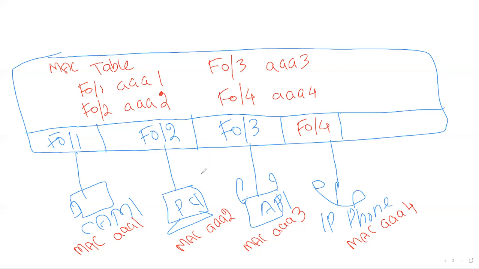Every device must have a MAC address. Here I mentioned only 4 digits just for the sake of understanding, but generally the MAC address must be 12 hex digits or 48 bits in binary. Every switch port must have a static MAC, and also a dynamic MAC.